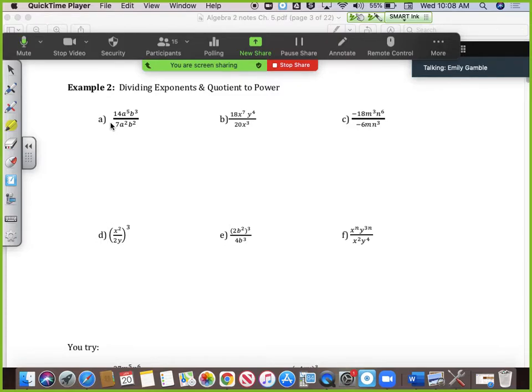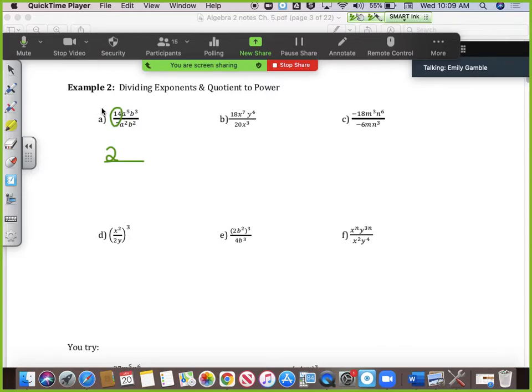So you're still going to use the same process for simplifying fractions, but then you're also going to be simplifying exponents with our new rules here. So when we simplify the coefficient numbers, the 14 over the 7, that simplifies to be 2 over 1. So when we go to simplify this, you would put the 2 on the top.